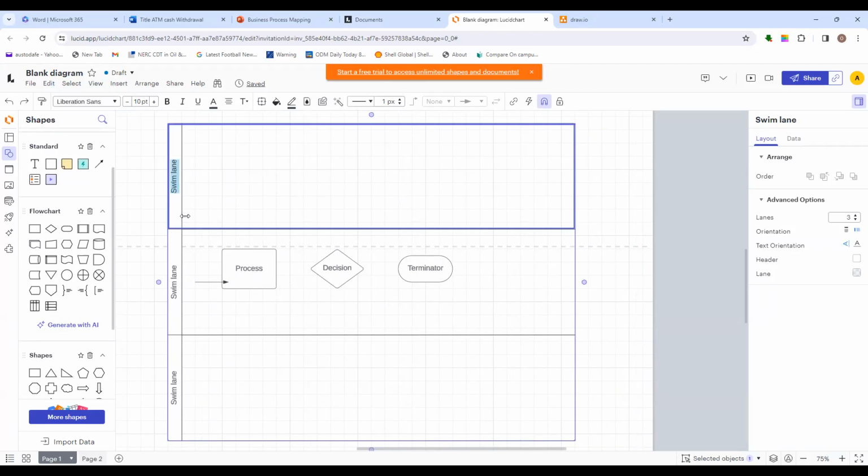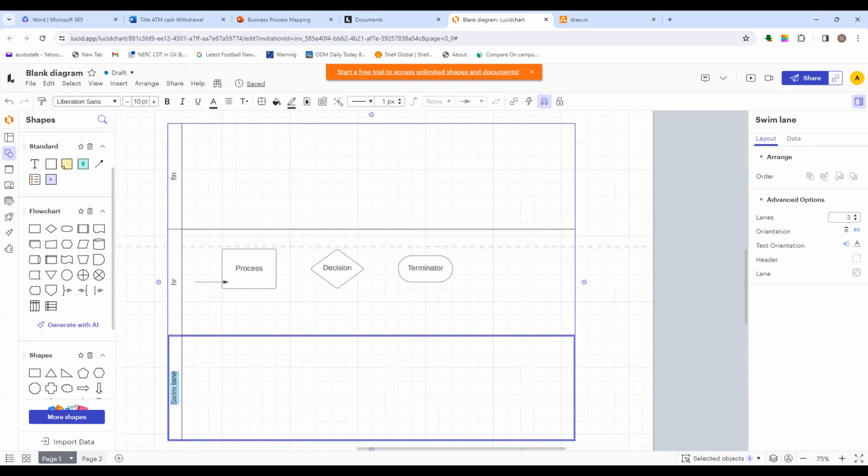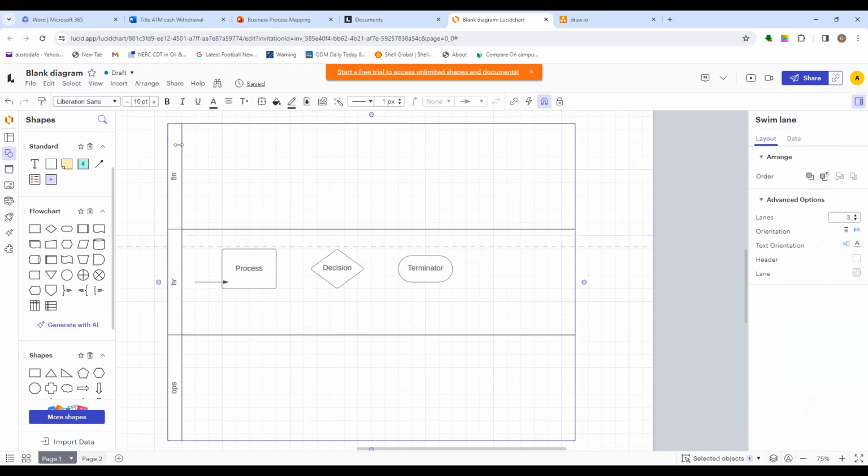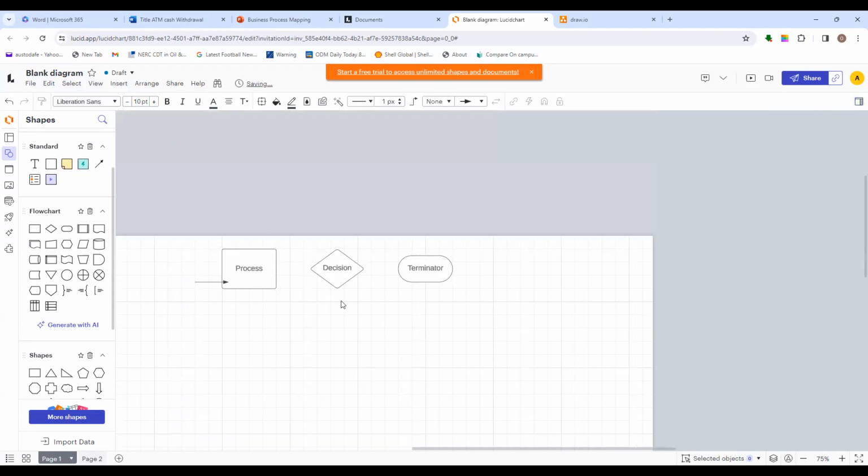This is finance team. This is HR team. And this one is operations team. And you want to connect the process flow. Or the one we are just doing right now, you see this is the customer, bank customer, and here is the ATM machine. These are swim lanes. We can decide to do any of them and just use it to flow.